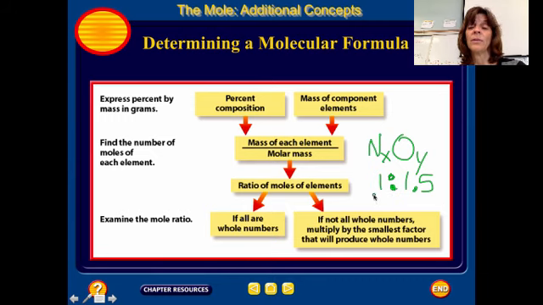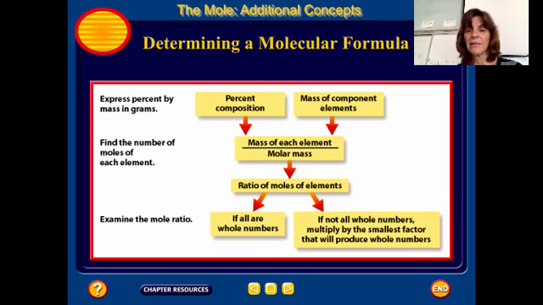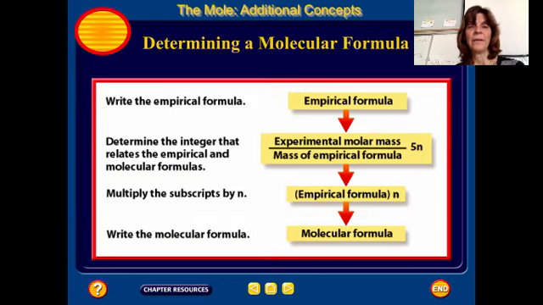So if I take this whole ratio times 2, I end up getting 2 nitrogens to 3 oxygens. So 1 to 1.5 is always 2 to 3. If I had a 1 to 1.33, I'd have to multiply both by 3, and I'd have a 3 to 4. We'll practice some more of these in class, and after a little more summary, we're almost done.